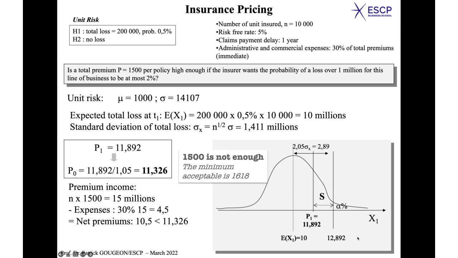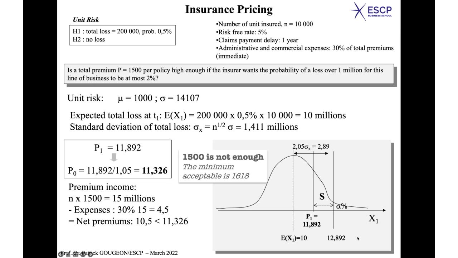Okay, 1,500 is not enough because if we collect 1,500 per premium, we end up with an amount of money today which is 10.5 available for investment, and 10.5 available for investment would not provide 11,892, which is the total amount necessary to comply with our rule. Okay, if you make a calculation, I didn't do it on the slide, but you can believe me, we could look for the amount of money that would be compatible with 11,892 after 1 year.